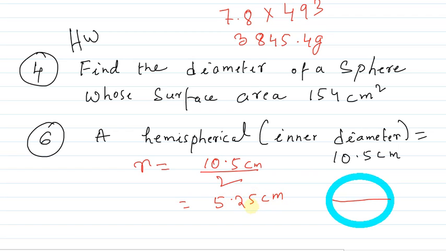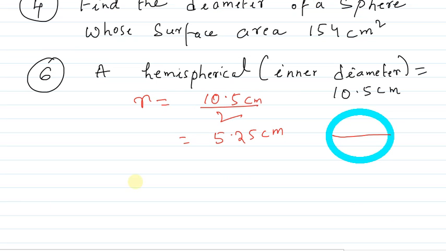Now what is the formula for the inner curved surface area? I have told you. Inner curved surface area means 2 pi r square.